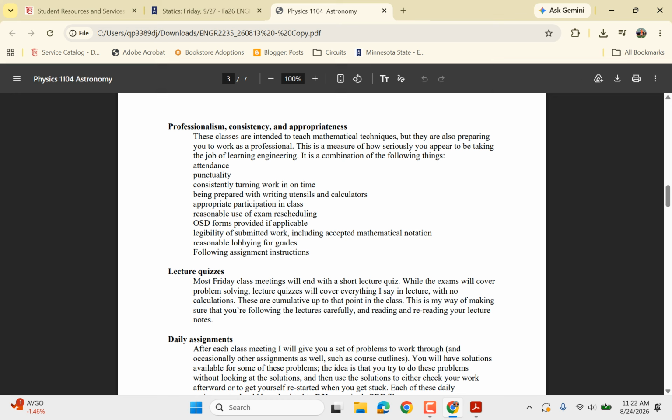So this first category, 5% of your grade, is based on attendance. And if you're absent, letting me know why, being clear ahead of time about what I can expect if you're going to miss something. Getting things in on time, doing work that's legible and understandable.